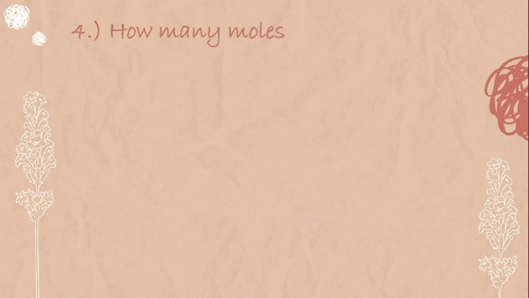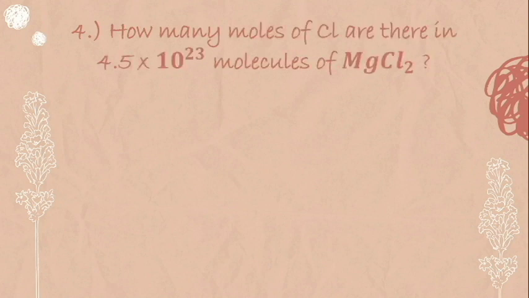So here's the last example. What if we're looking for a specific mole in a compound? Here we need to find how many moles of chlorine are there in 4.5 times 10 raised to the power of 23 molecules of magnesium chloride.